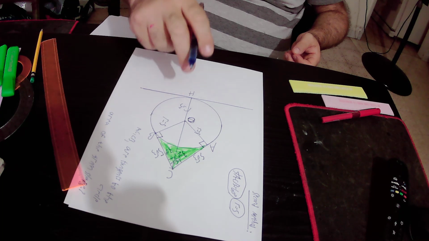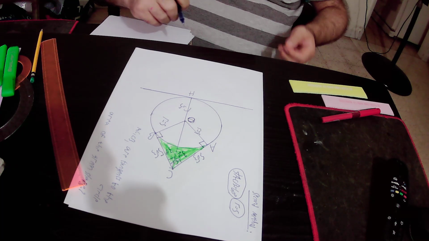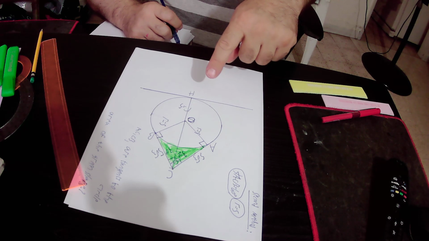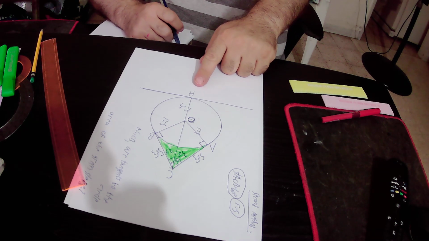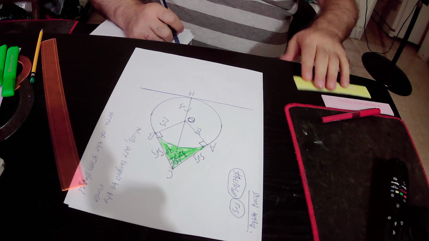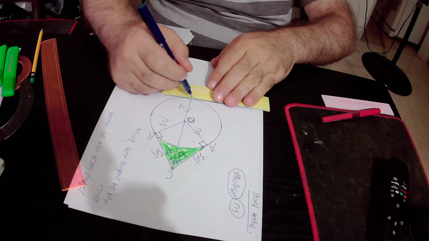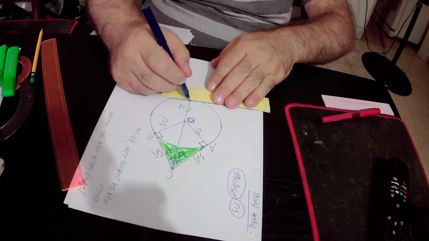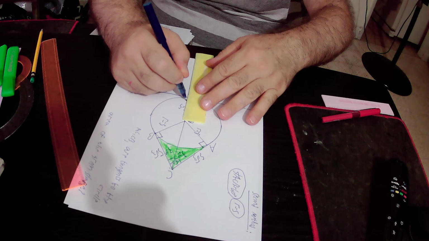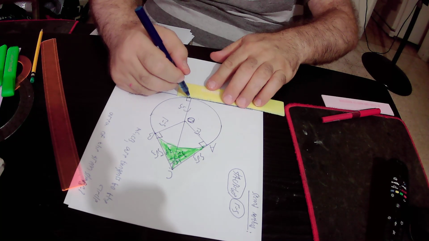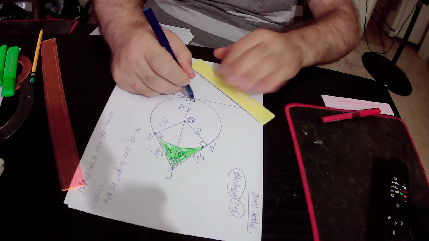Therefore OH is the radius of the circle. So we have the radius that is drawn to the point of tangency, that is to say to point H. For that reason, here we have 90 degrees. The radius is perpendicular to the tangent, that is to say this angle equals 90 degrees, and this angle also equals 90 degrees.